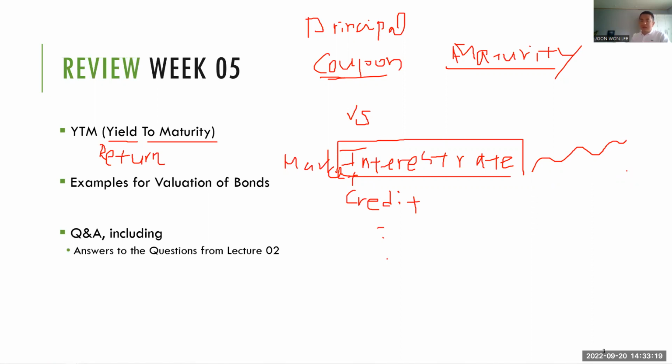For example, right now, in most countries, inflation is the biggest problem for the central bankers to tackle, right? So the interest rate is getting higher. But the coupon rate doesn't change at all. Once the coupon rate is set, it doesn't change, right?